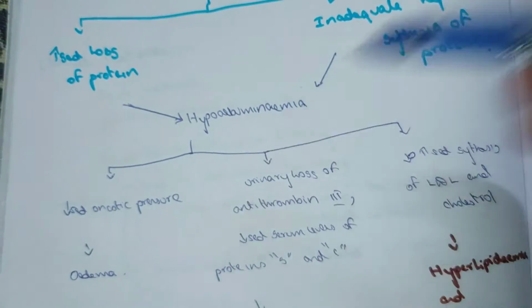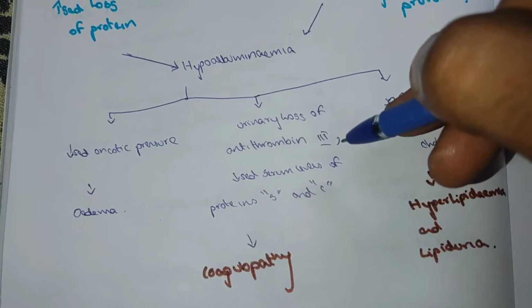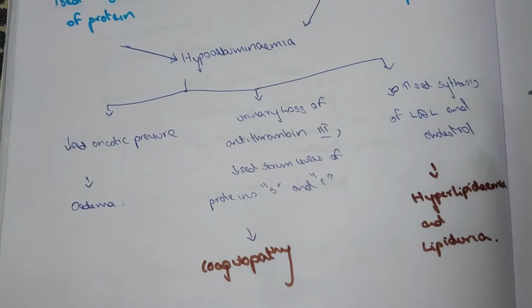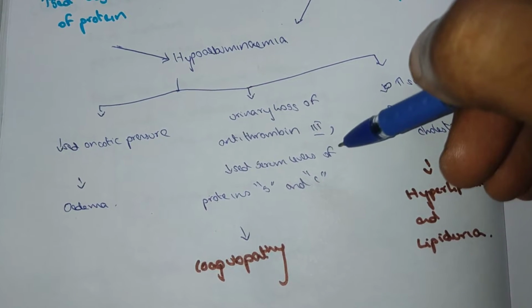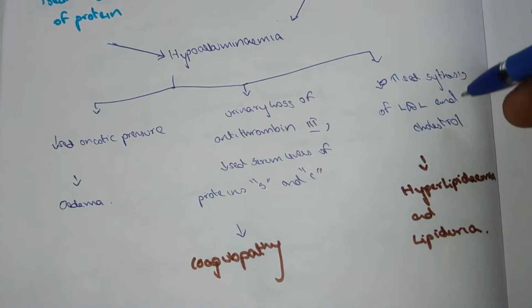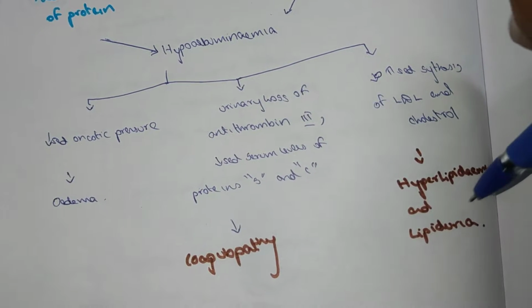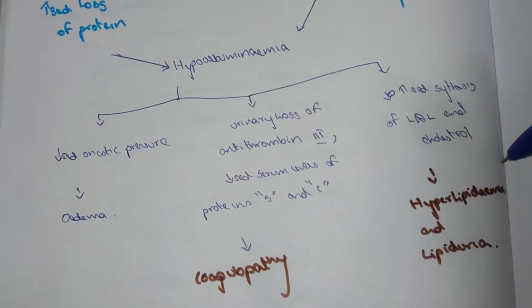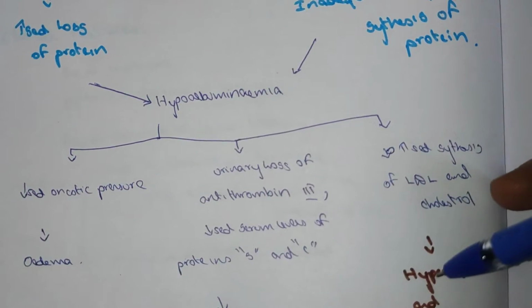Due to decreased oncotic pressure, edema comes, and urinary loss of antithrombin 3 causes coagulopathy. Increased synthesis of LDL and cholesterol causes hyperlipidemia as well as lipiduria. This is how nephrotic syndrome is caused.